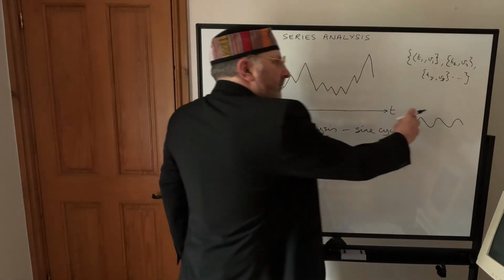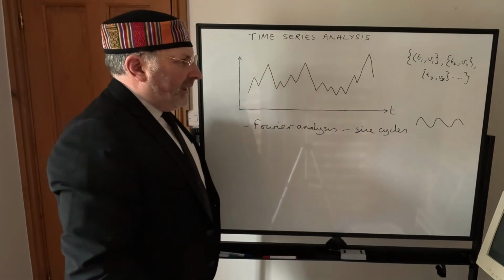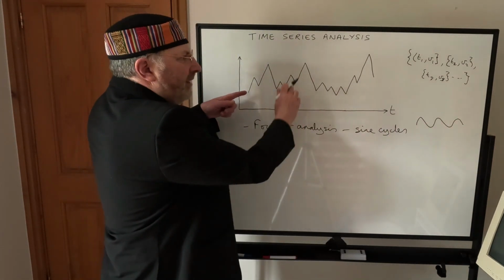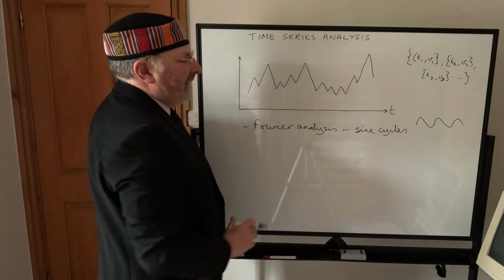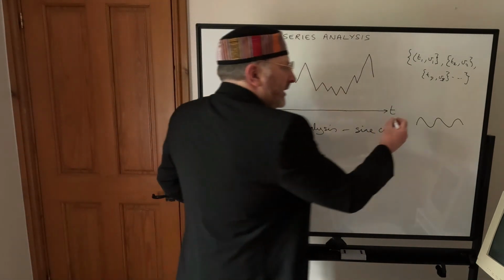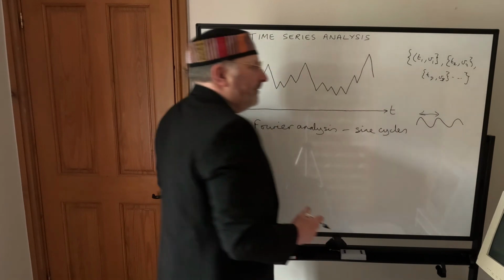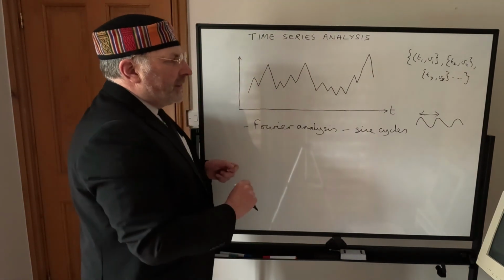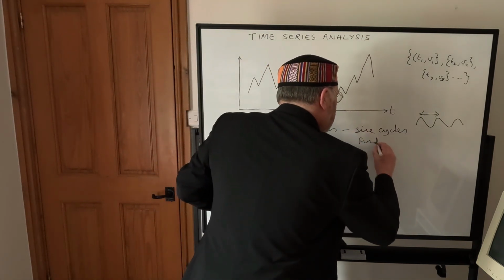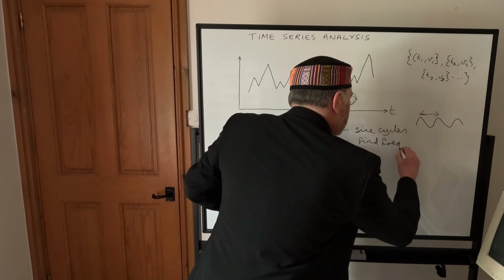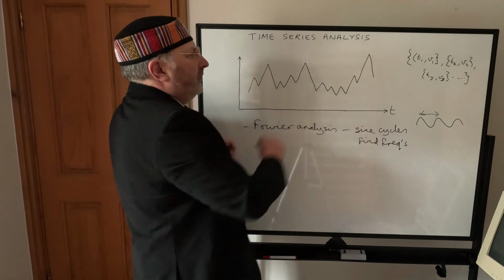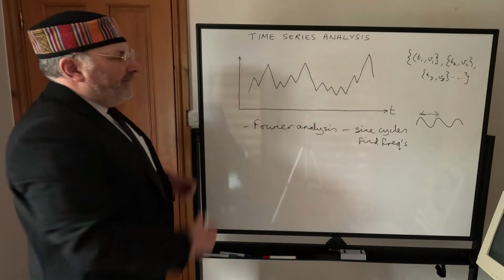So it's a very regular, smooth oscillation with a particular pattern to it. And we're trying to see the extent to which there are sine cycles like that in our data. And what we're really interested in is the periods of the cycles, how frequently they repeat, or the frequencies of the cycles. So we're trying to find a set of frequencies of the cycles that are implied within this waveform or signal.